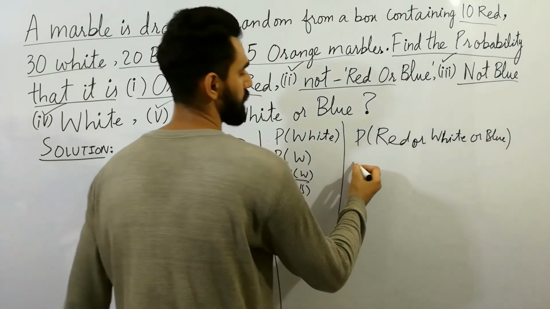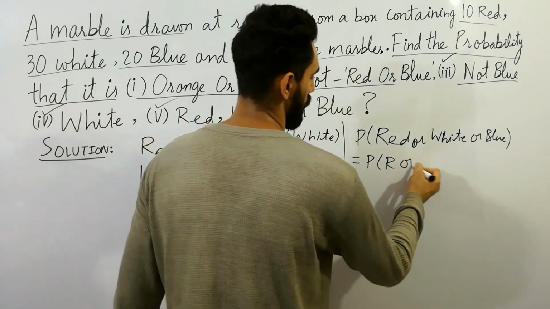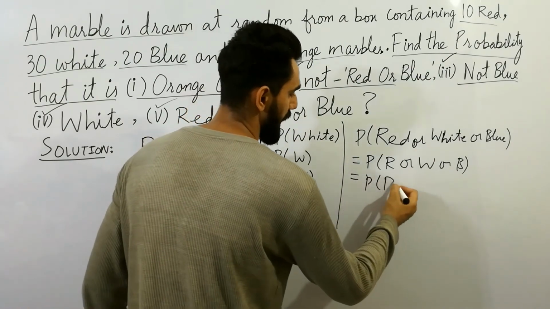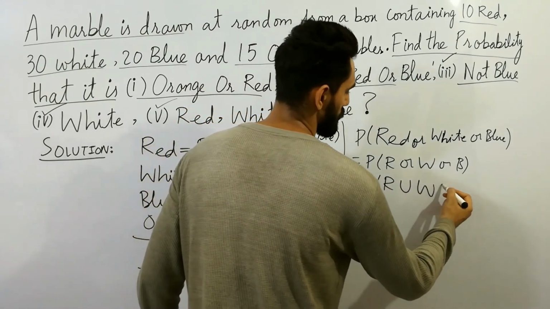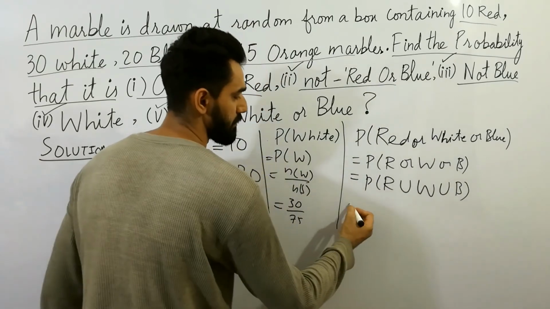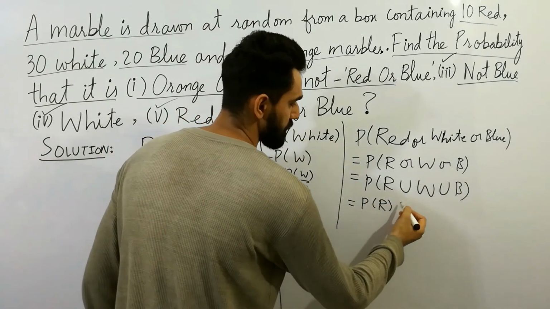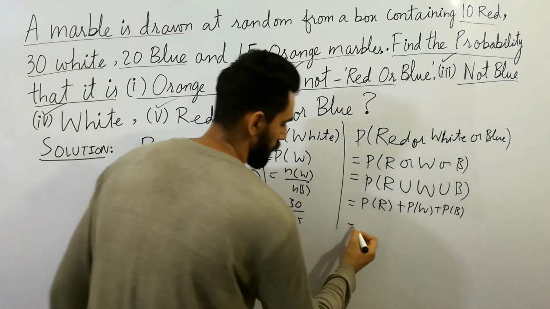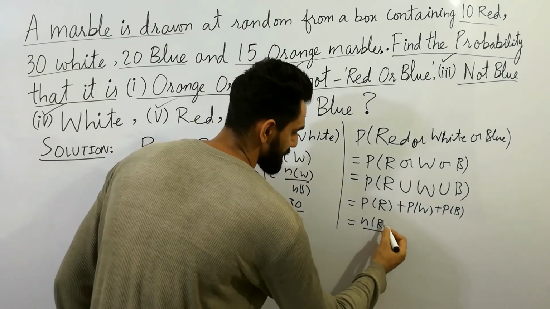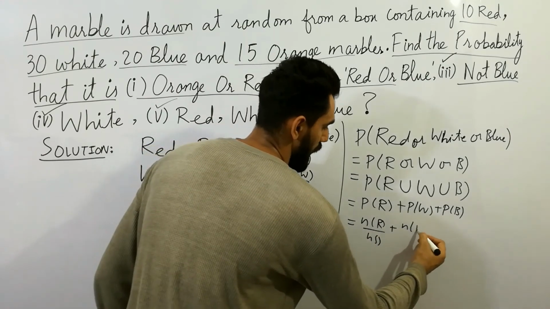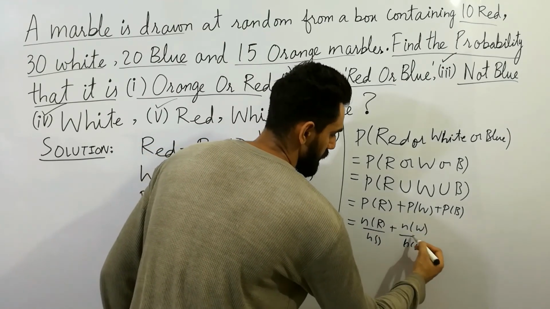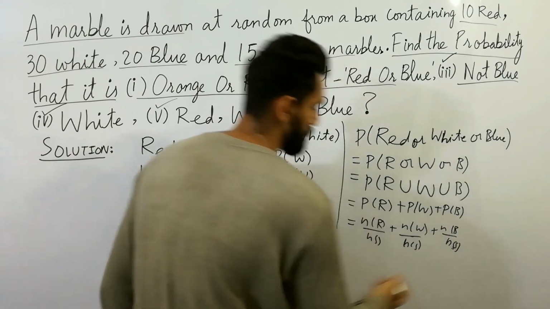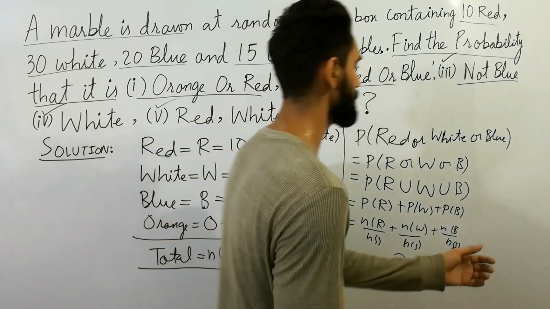We can easily calculate it as red union white union blue, which is the probability of red plus the probability of W plus the probability of blue. That is the number in red over the number in sample space, plus the number in white over the number in sample space, plus the number in blue over the number in sample space. By putting in the values, you can easily calculate this probability.